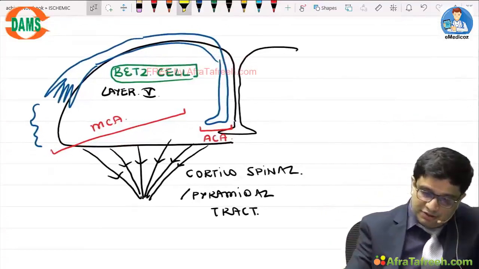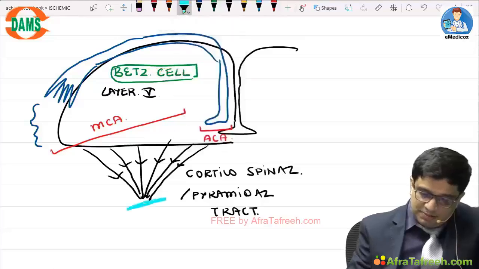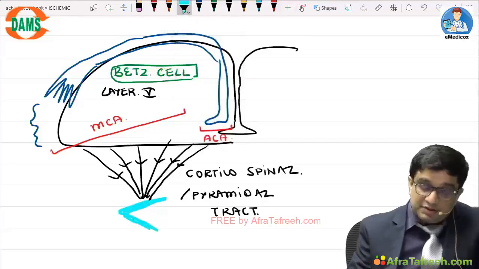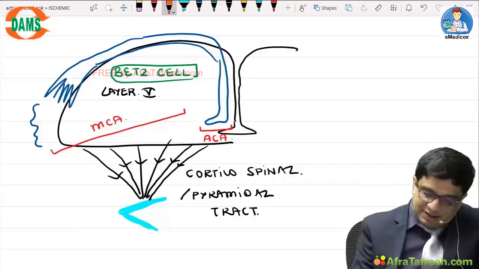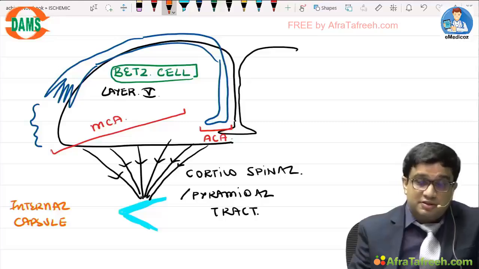Now everything is going to converge below into this part. This small part is known as your internal capsule. Right. Now when I look in the internal capsule, it has got various parts in it.